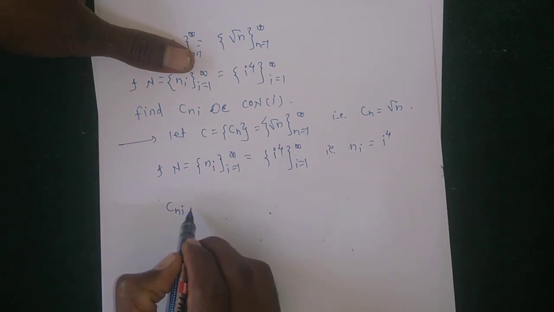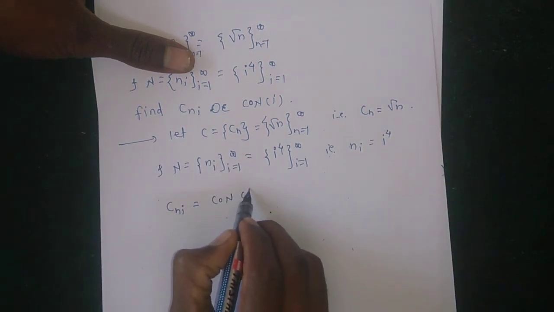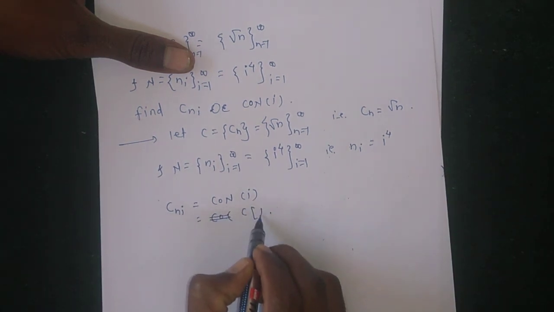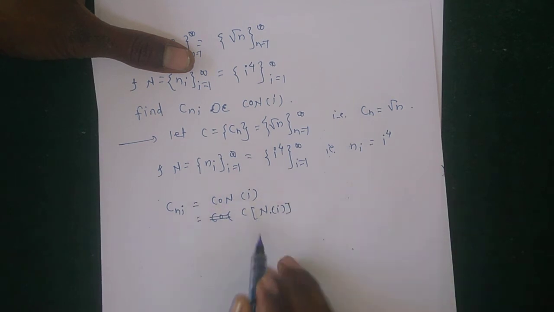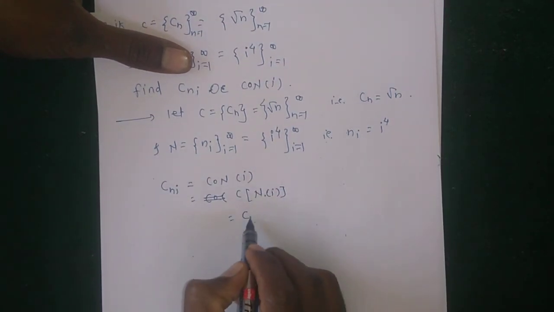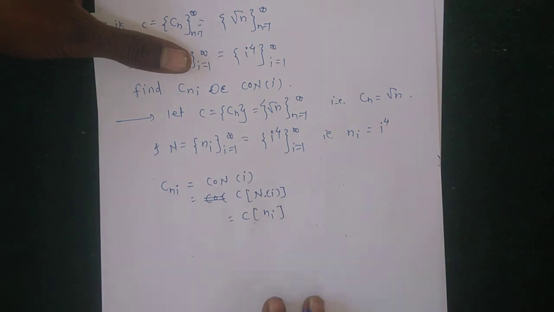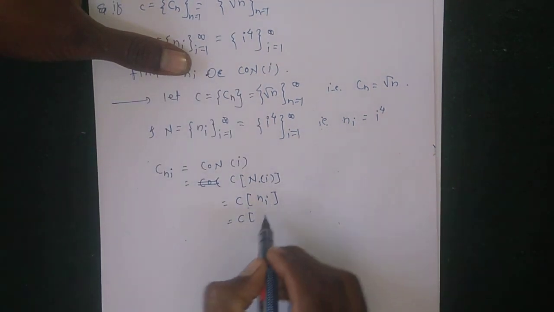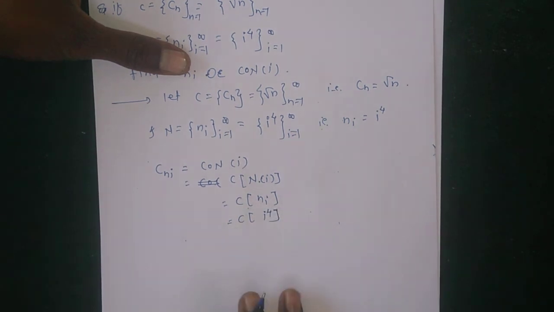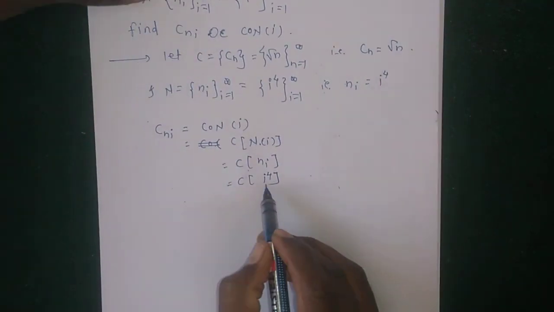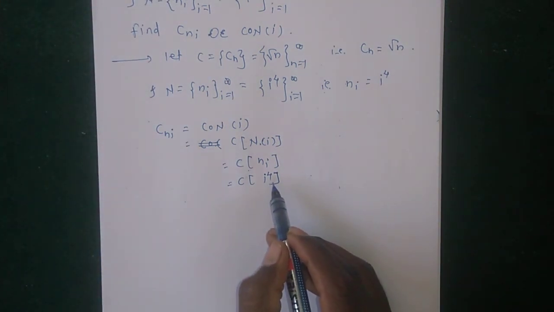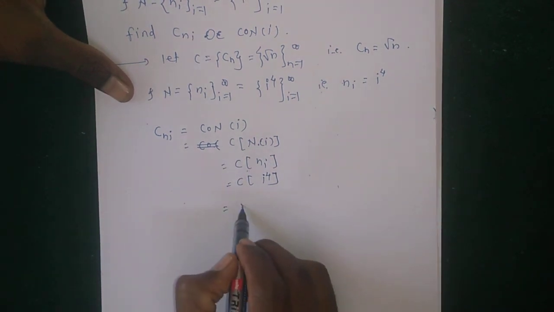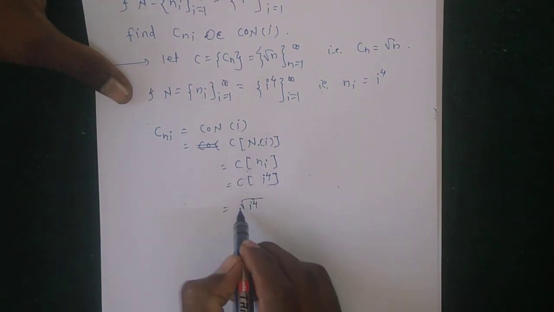Cni is equal to C composition n of i. Okay, C composition n means C of n of i, where n of i is ni, and the value of ni is i raised to 4. When this sequence C is applied on i raised to 4, its value is root of i raised to 4.